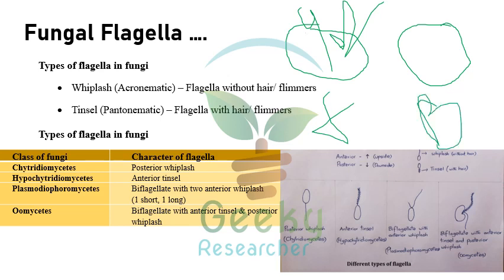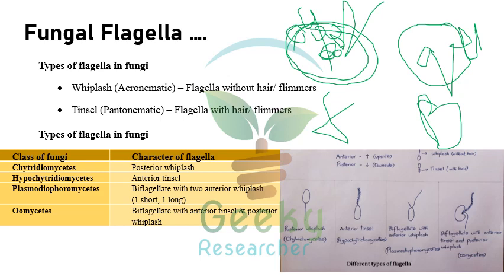In cross section of the flagella, 9 rings will be at the corner and 2 rings in the middle. That is the 9+2 arrangement. This same arrangement is absent in bacteria, where instead a 9+1 arrangement can be seen.